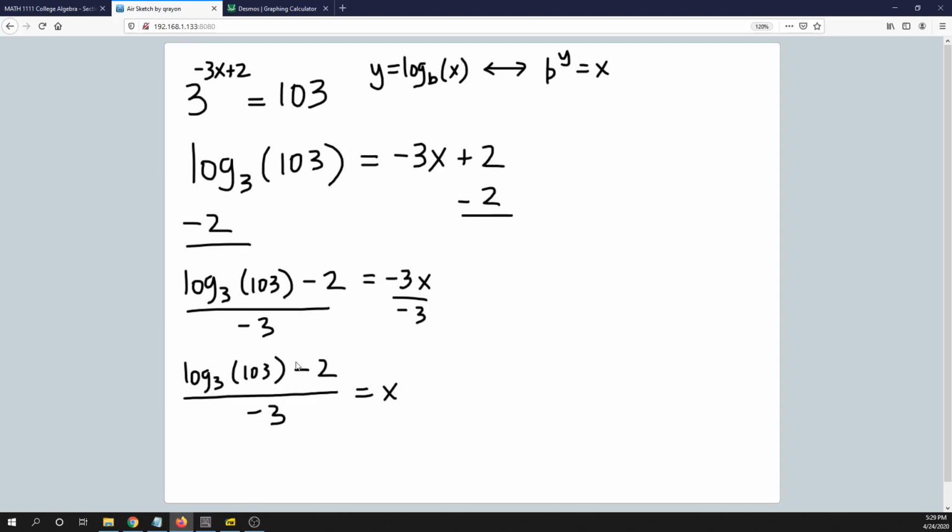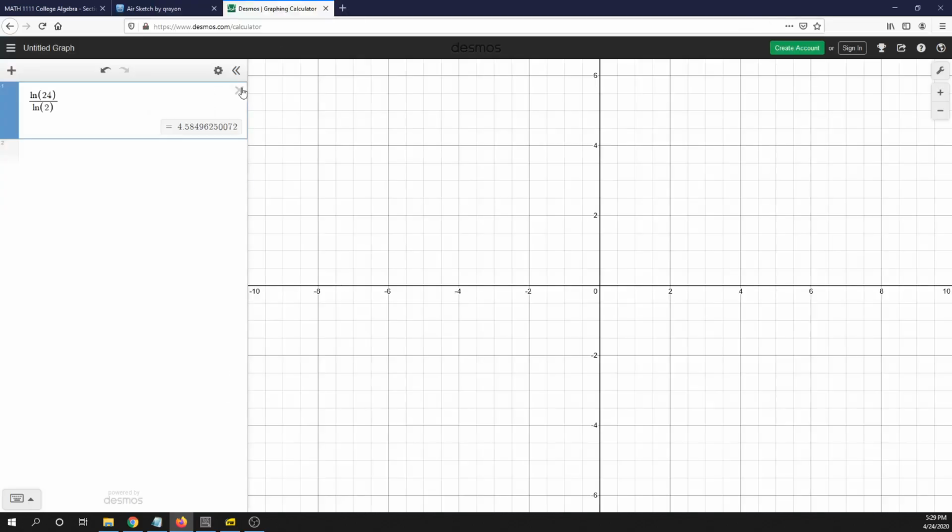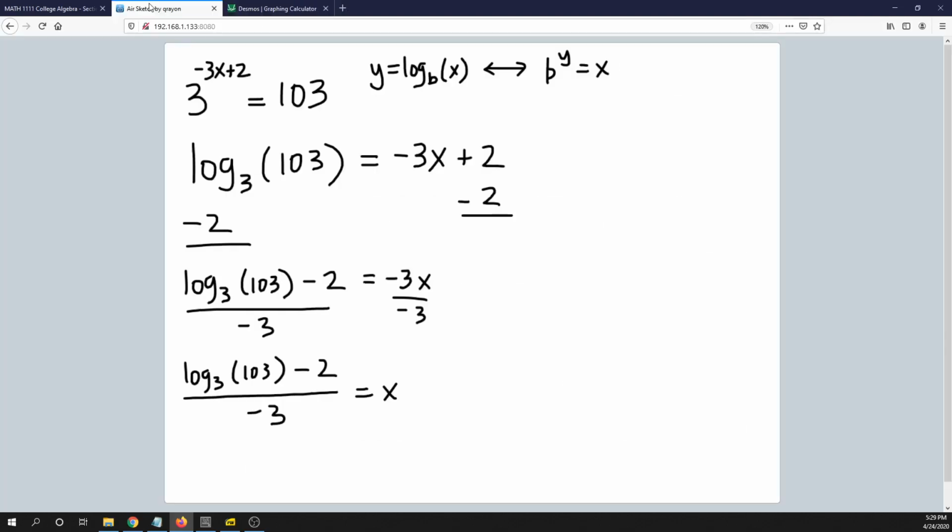For instance, if I go to Desmos and enter log base 3 of 103 minus 2, all of that divided by negative 3, I get my answer, minus 0.7396 to 4 decimal places. So if you have Desmos, you can plug it in like that. If you do not have Desmos, you can use the change of base formula.